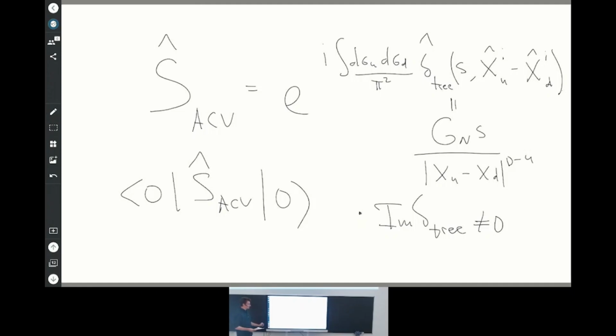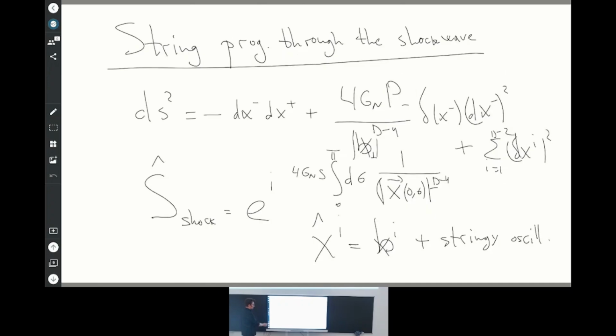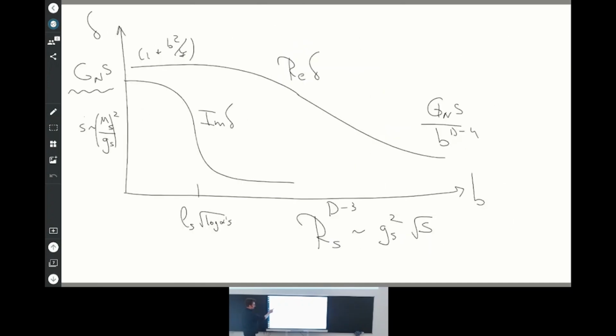These are the two main effects. First, the tidal excitations, which kick in at impact parameters b much larger than l_s. And the second effect is that when you go here, you expect the amplitude to become inelastic. In fact, if you continue this line of tidal effects and evaluate it at these impact parameters, the inelastic effect due to tidal effects and the inelastic effect due to this imaginary delta exactly match.